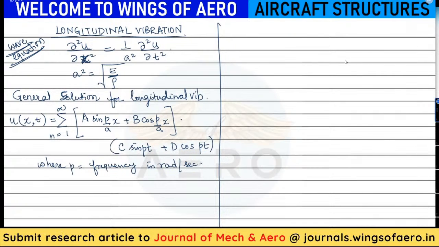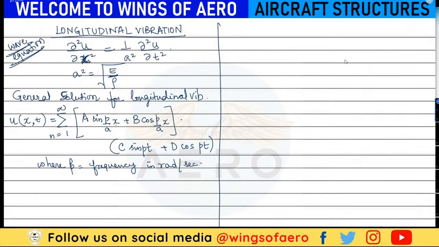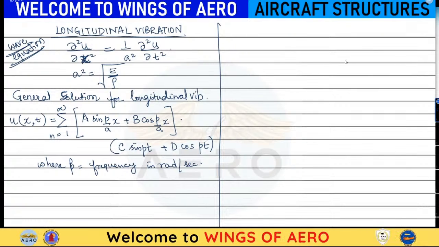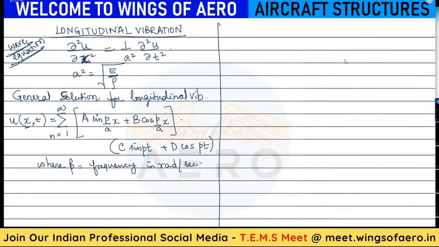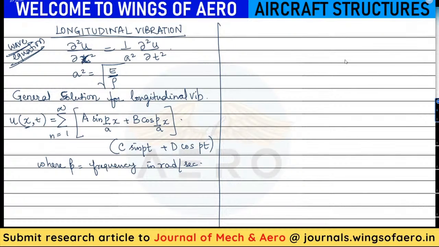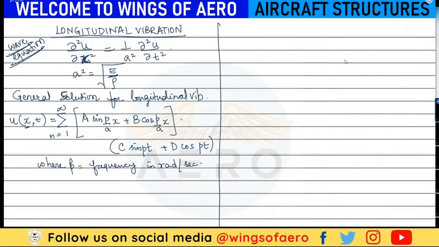Now this convention might vary. In some textbooks you will find omega itself, so you can follow that also. So p refers to the frequency. This is the general equation: u is a function of x and t, x means displacement, and t is time, whereas A, B, C, D are the constant terms.